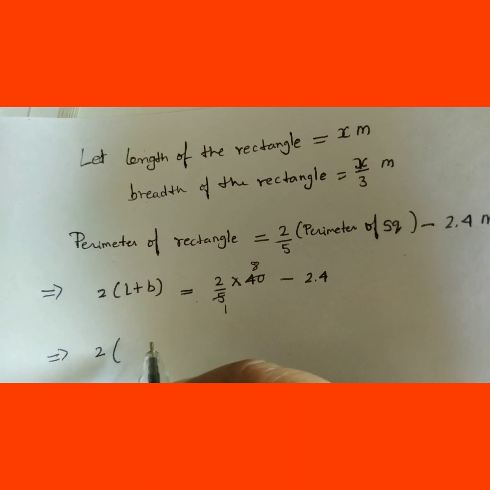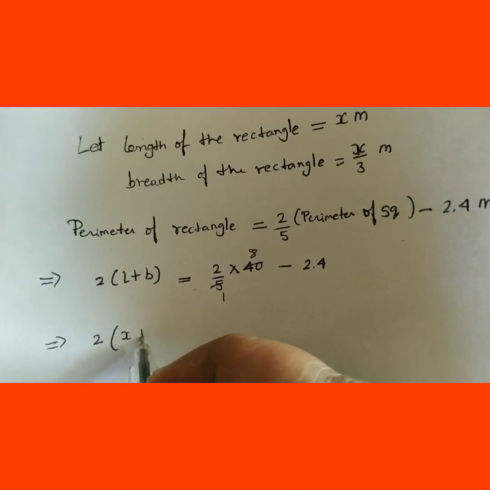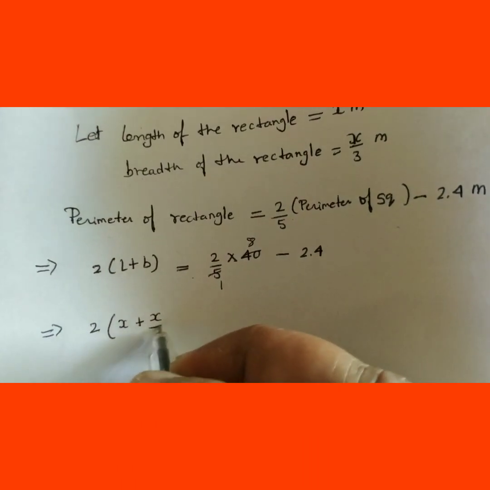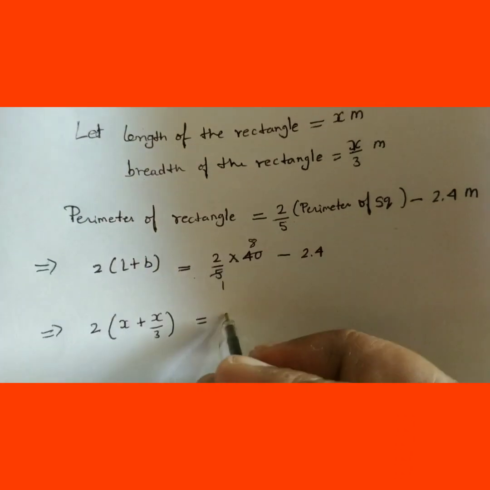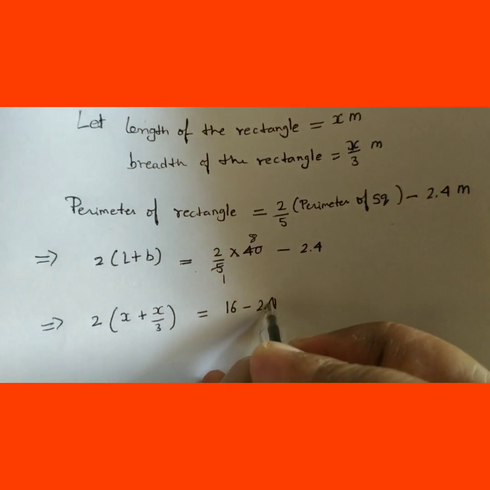2 into L, what is length of rectangle? x, and breadth is x by 3, is equal to 2 8 16 minus 2.4.